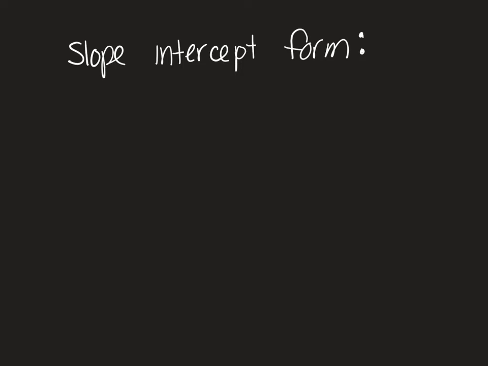So, slope-intercept form is an equation that's written in a particular way. That form is y equals mx plus b. So it's basically a two-variable equation that's solved for y. It's y equals. So in this equation, what does lowercase m represent?